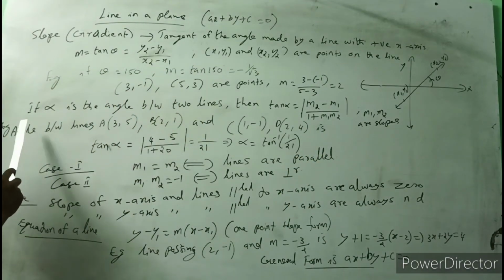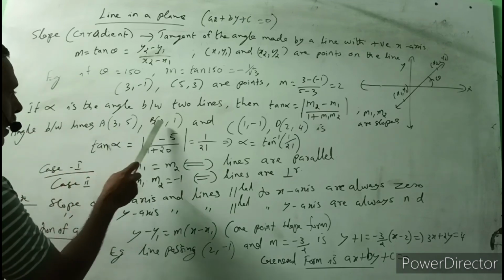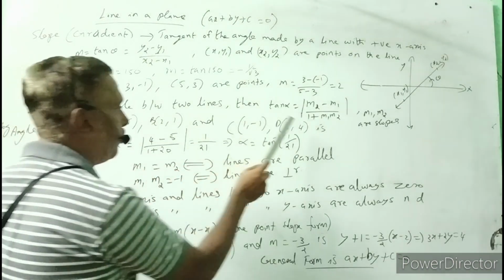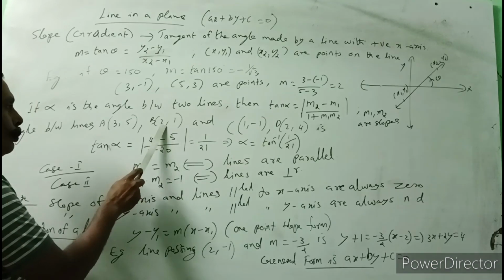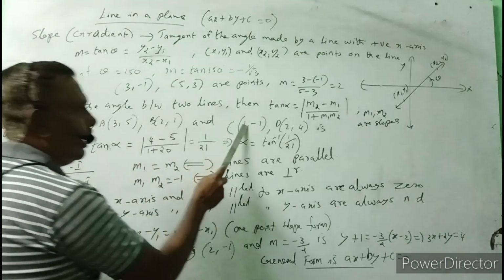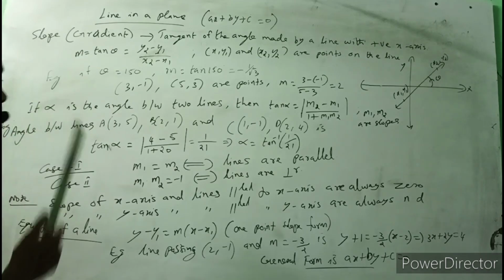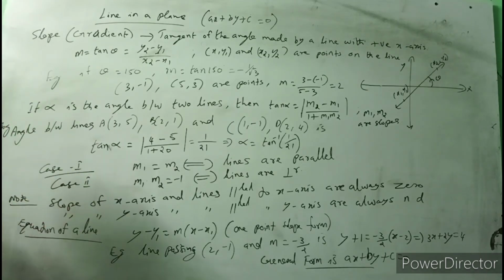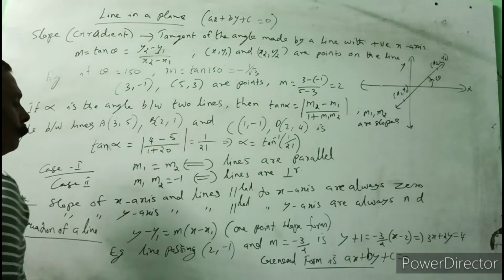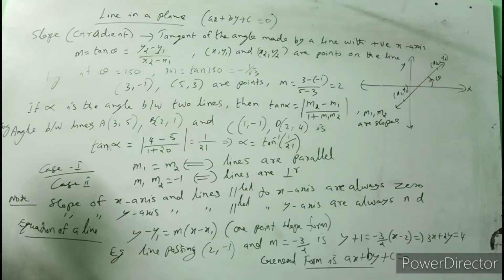One example is given: angle between the lines passing through this and passing through this. So these 2 points have a line and these 2 points have a line, so there is an angle between them, that is found by tan alpha equal to m2 minus m1 upon 1 plus m1 m2.